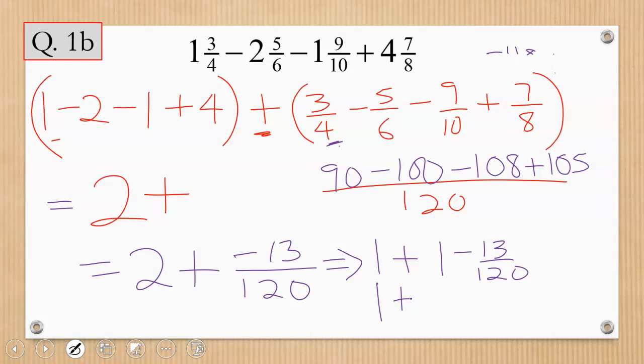It's more or less like saying 120 minus 13, and 120 minus 13 will just give you 107 divided by 120. So finally we can write our final answer as 1 whole number 107 over 120. That becomes your answer. I'm sure this has really helped you.